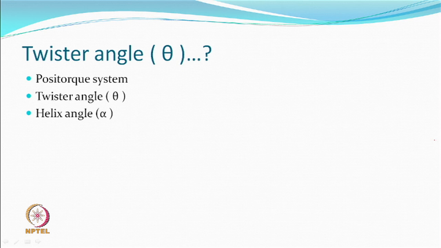You have a twister angle which is defined as theta, and we know from our previous discussions that there is a helix angle also. So, in some sense what I am trying to say is, if the helix angle is equal to the twister angle... on the machine, the helix angle is the result of twisting.